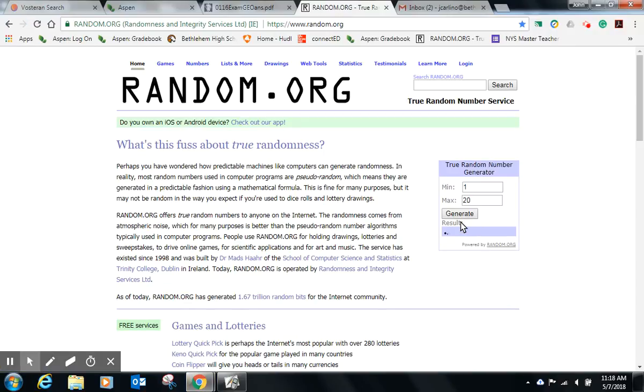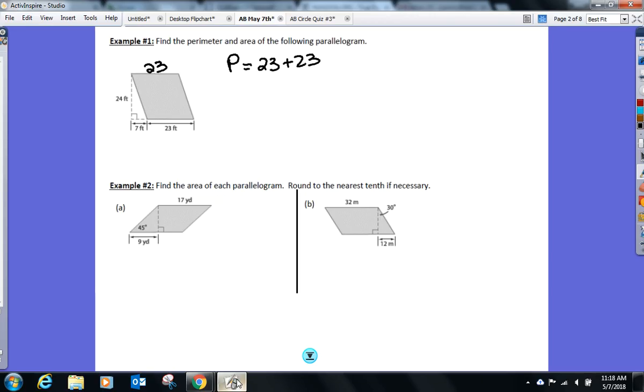But using the 7 and the 24, 19, you can do Pythag. Yep. 7 squared and 24 squared will give me that side squared.